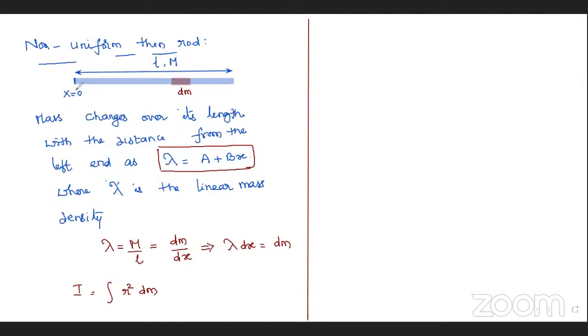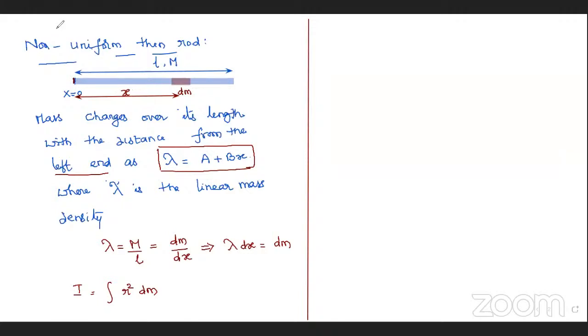And that dm we have to assume from the reference point; he only gave measured from the left end. So from the reference point, I am taking that one at a distance of how much? If I ask, you can easily say the total mass is on the x-axis. That's why this unknown distance, I take it as x. So here the perpendicular distance from the left end is x.